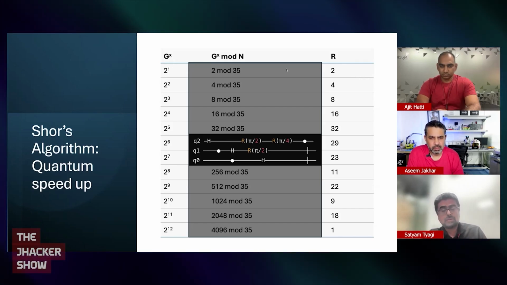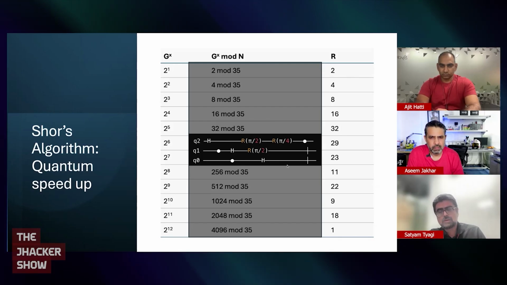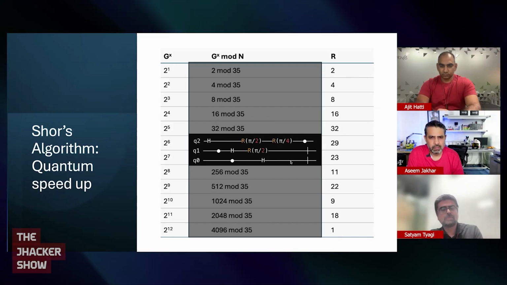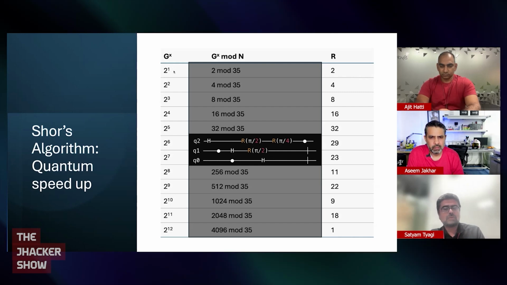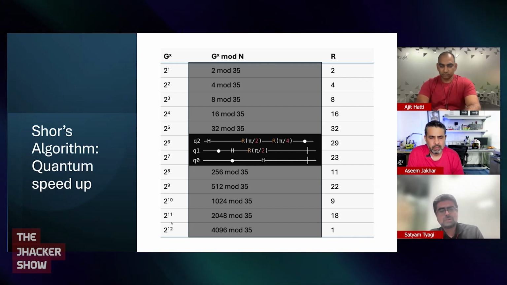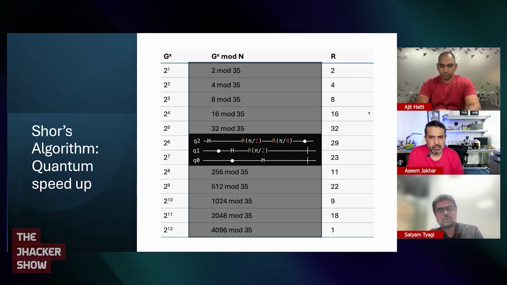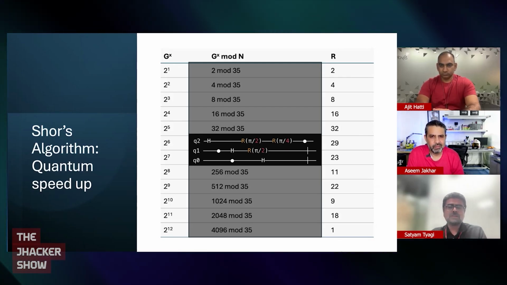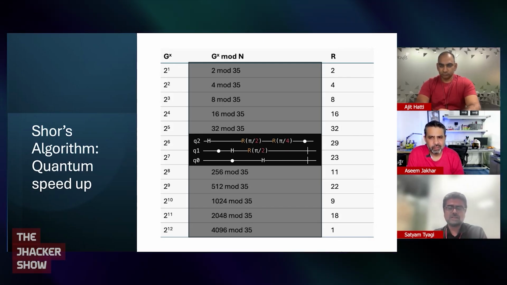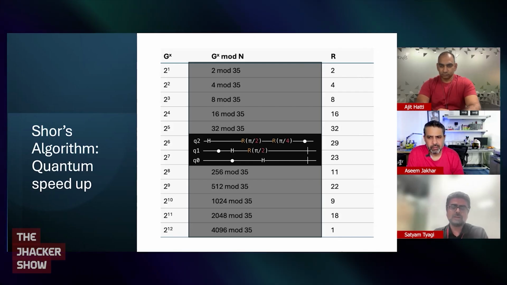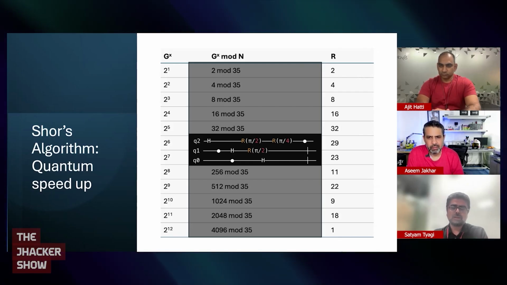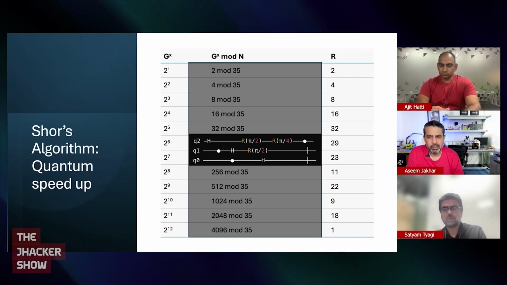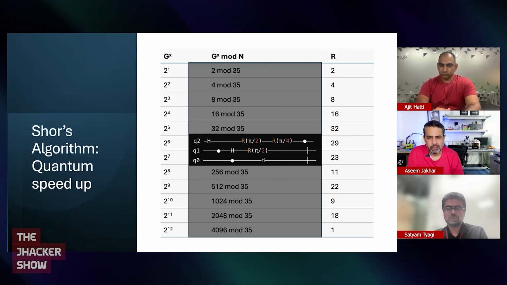The beauty of the quantum computer here, what I'm showing as a kind of fuzzy diagram, is that you can give all these inputs in one shot and get all the outputs in one shot. The problem is now we need to extract, and that's where the example that Ajit gave comes in: it collapses, you will not get all the results, you'll get one of them, and then you're back to square one.